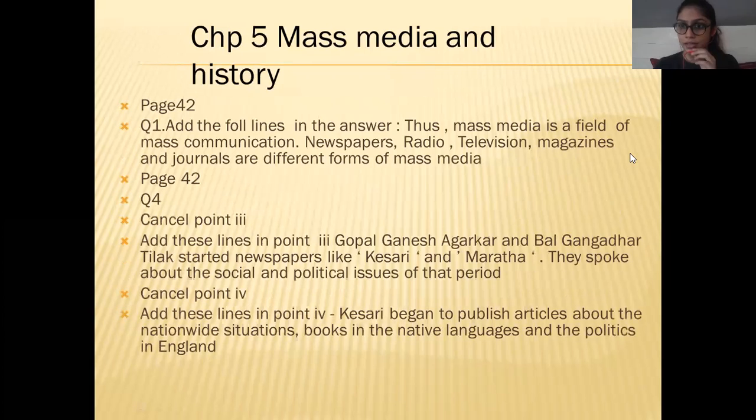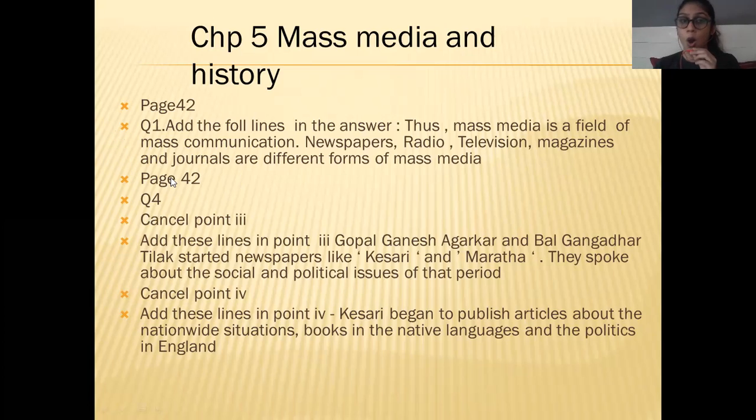The line of the answer is, thus mass media is a field of mass communication. Newspapers, radio, television, magazines, and journals are different forms of mass media. You have to add this point in question number 1.